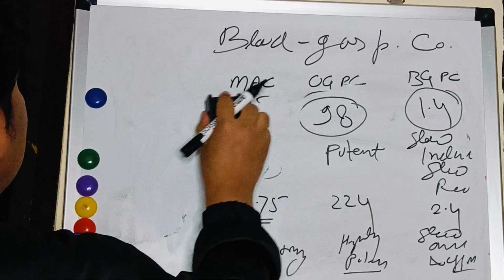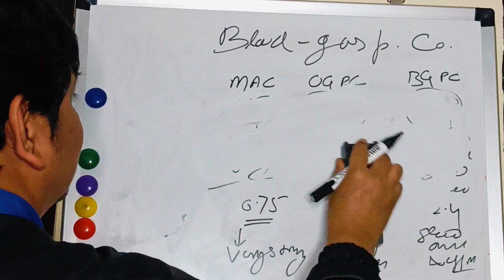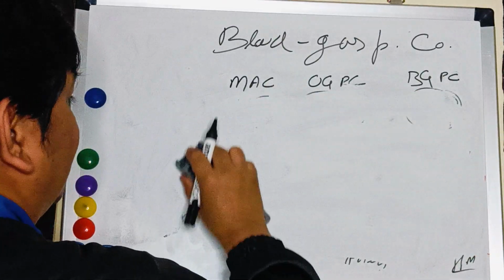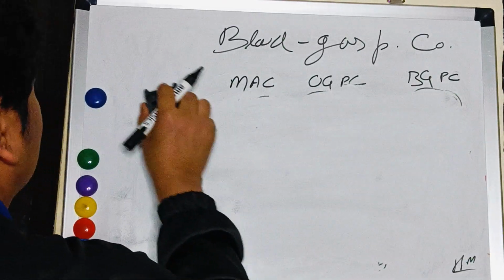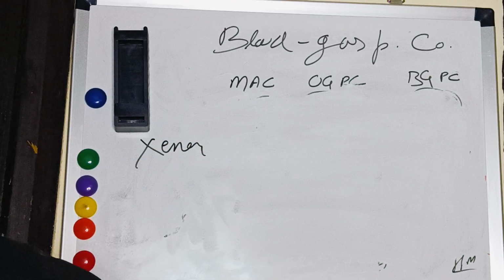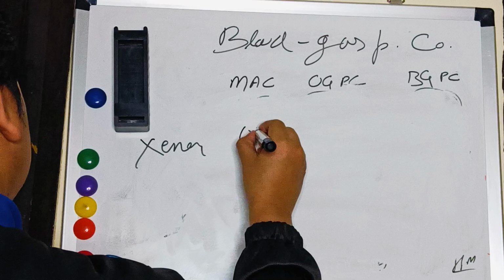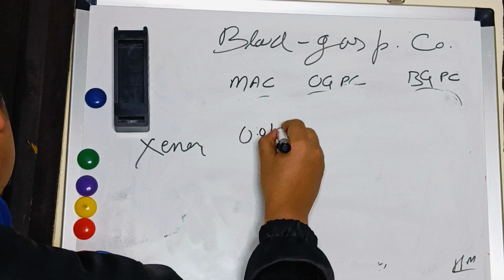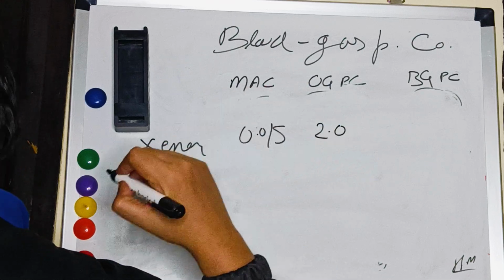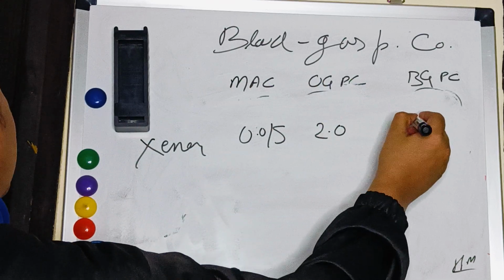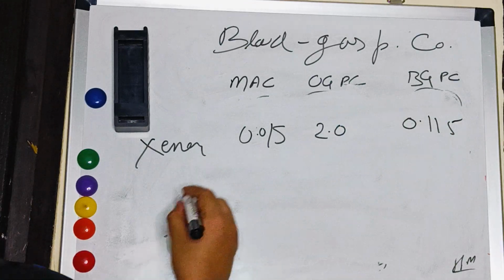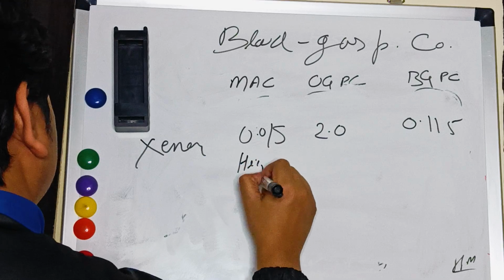Now one more drug I want to discuss, a special drug that is an exception to those concepts. This is xenon: MAC value 0.75, oil gas partition coefficient 2.0, and blood gas partition coefficient 0.115.